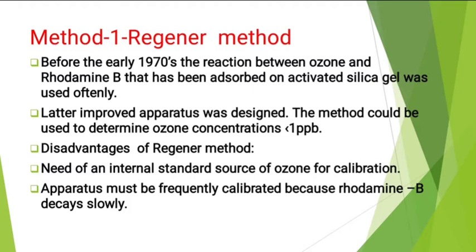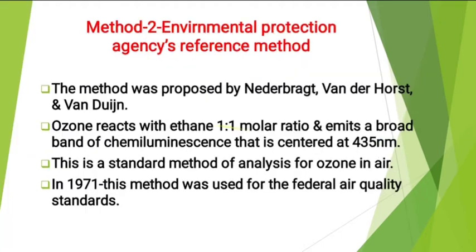That's why there is a restriction on using the Regener method, which was developed in the 1970s. After that, the second method was developed, and the name of this method is the Environmental Protection Agency reference method.